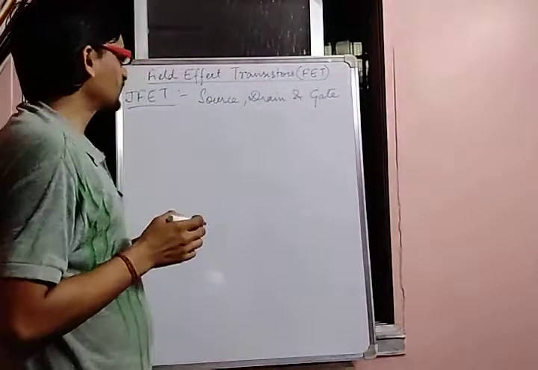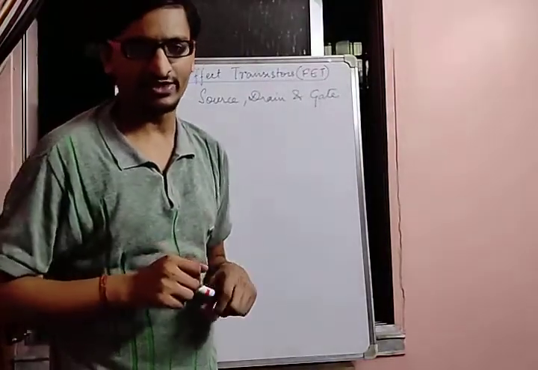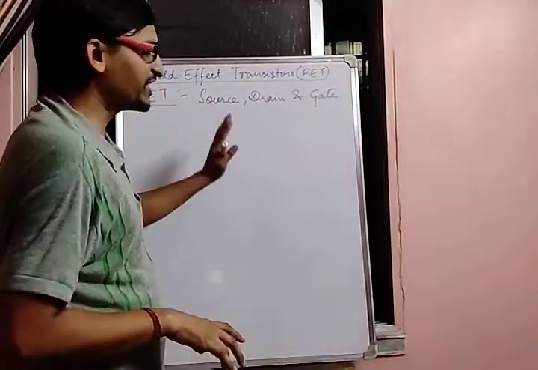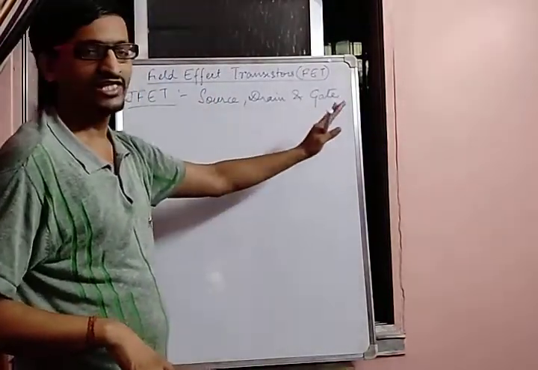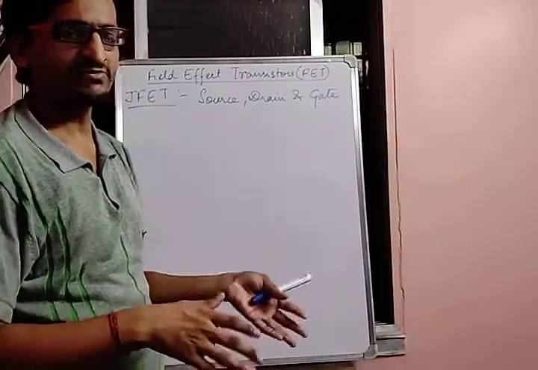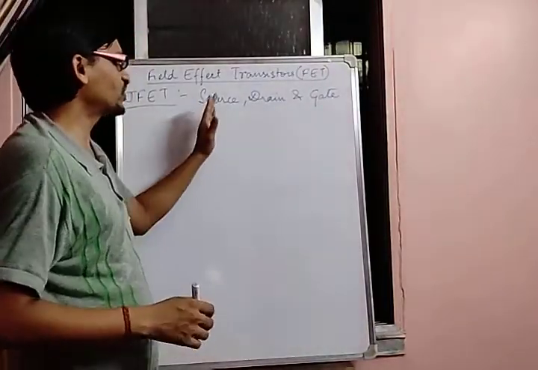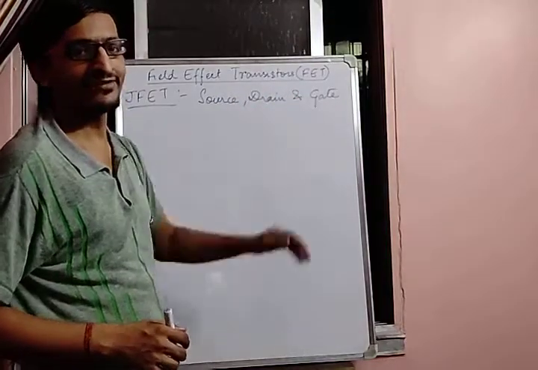It is also a three terminal device just like your BJT, but here the three terminals are called source, drain and gate.